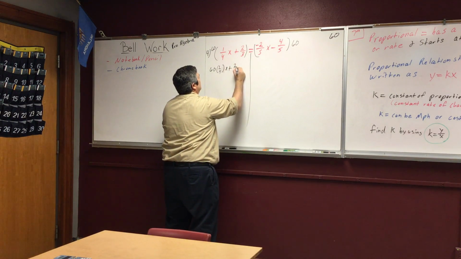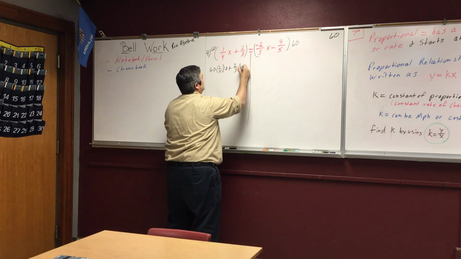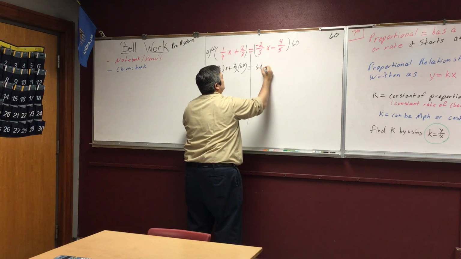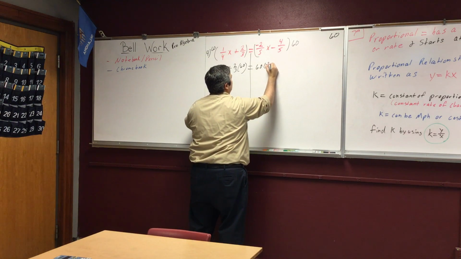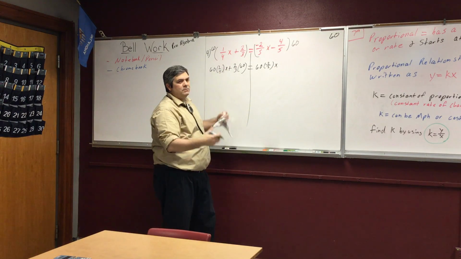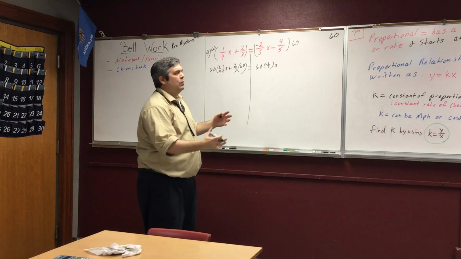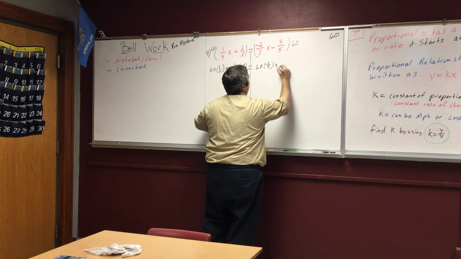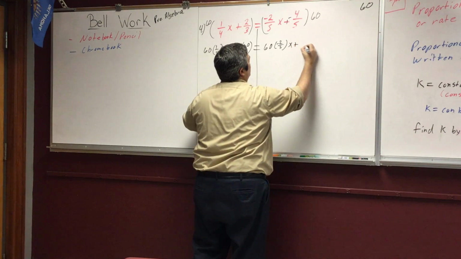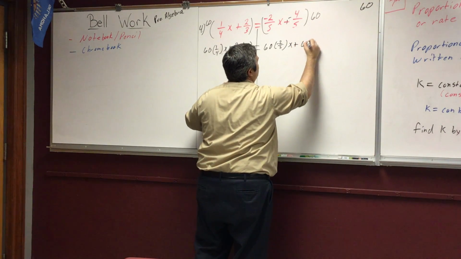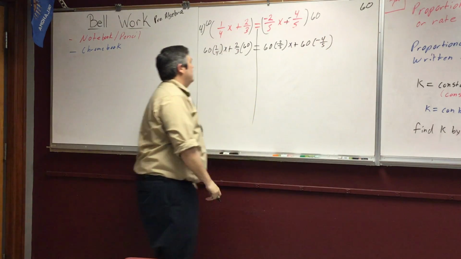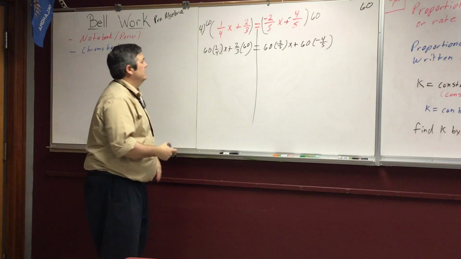Plus 2/3 times 60 equals 60 times -2/5 x. Again, I just split that up so that you get a really good look at what's going on here. Okay, plus 60 times -4/5. All right, so now we can start cross canceling and clearing this out.